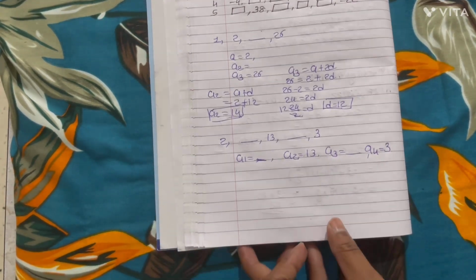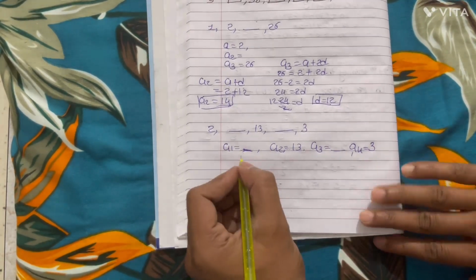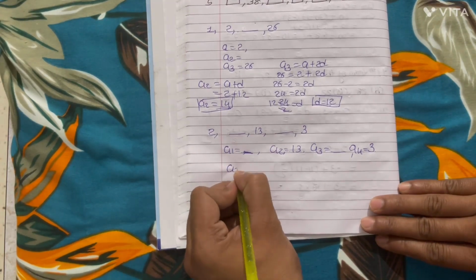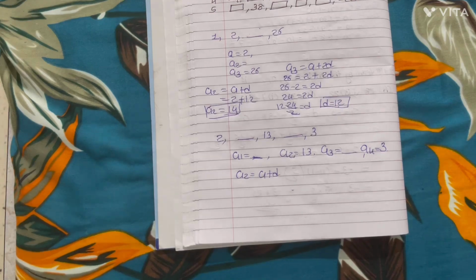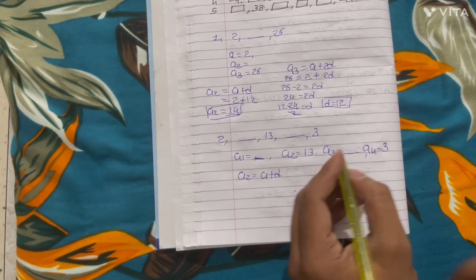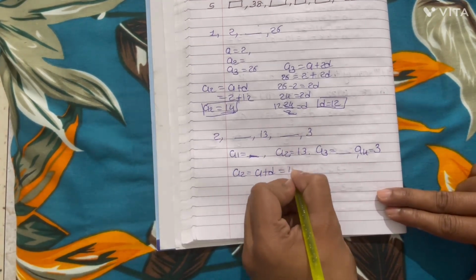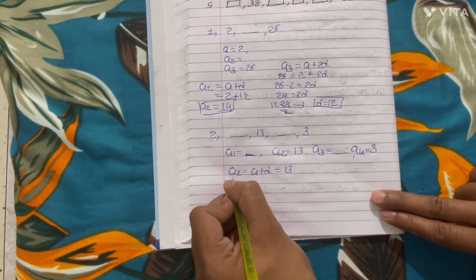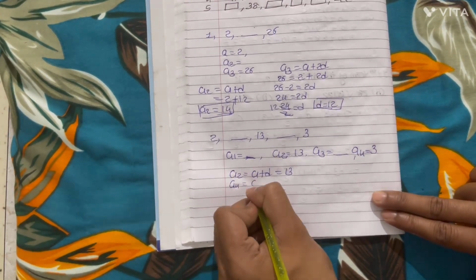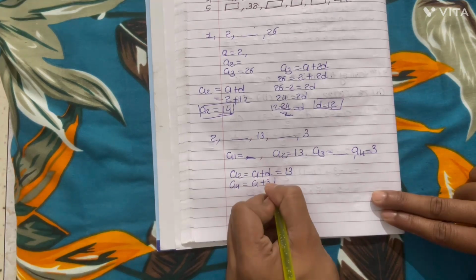Okay, so we know that a2 is equal to a plus d. What is the value of a2? a2 is equal to 13, and we know how we can write a4. a4 is equal to a plus 3d.